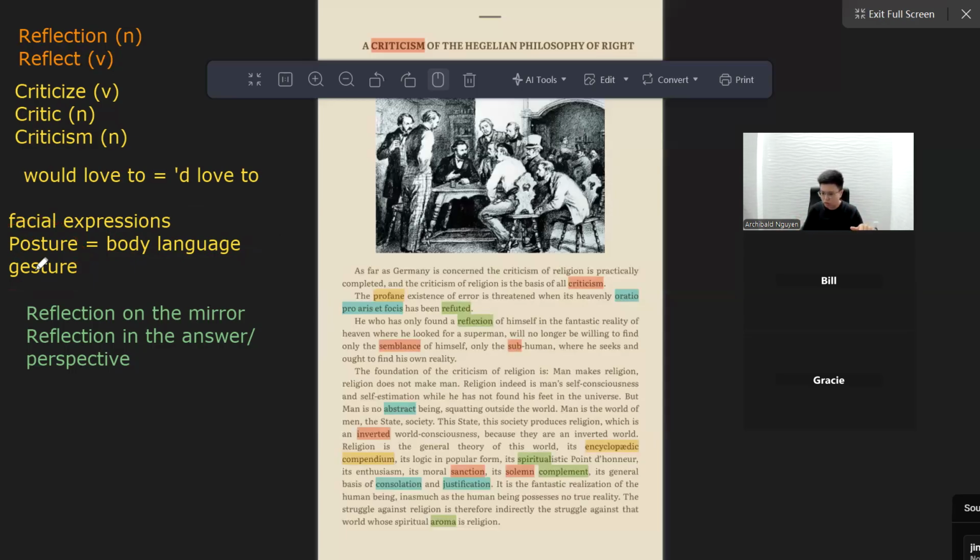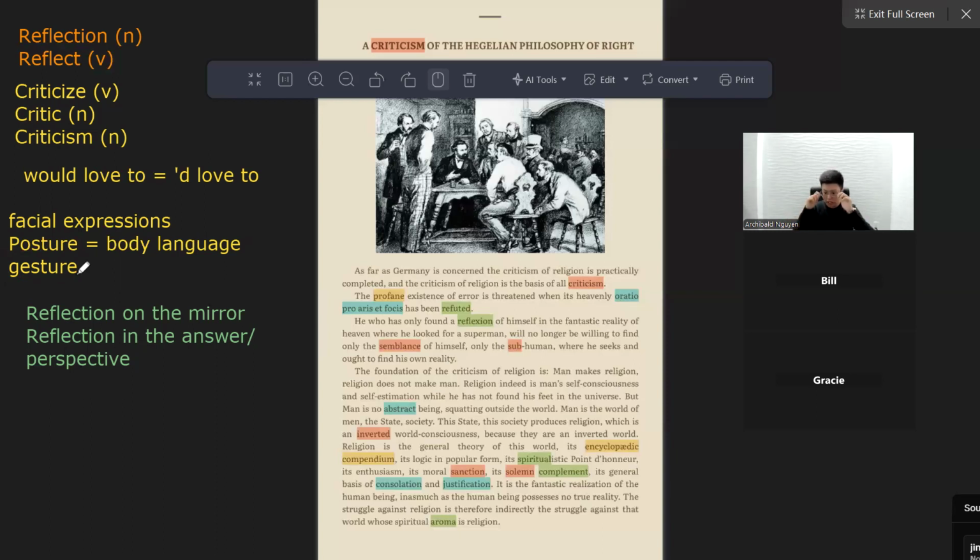Hai từ này nó giống nhau. But posture means the way that you move your hands, your shoulders, and your heads and your mouth when you are talking. But gesture is the feeling produced from the body movements. Gesture là những cảm xúc mà người ta nhìn vào cách mình di chuyển cơ thể.